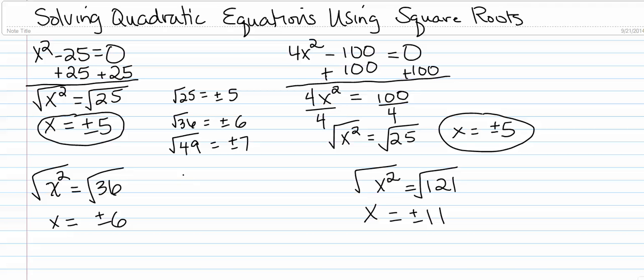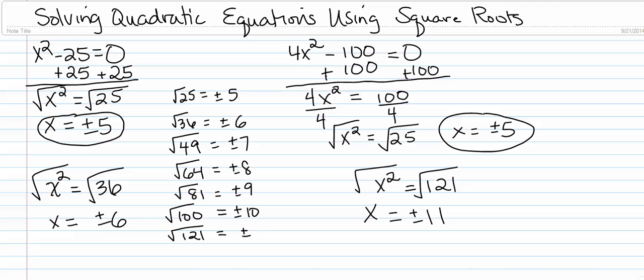Then 64, then we're going to have 81, and then the square root of 100, the square root of 121, which we just did, the square root of 144, and then the 13th is the square root of 169, which is plus or minus 13.